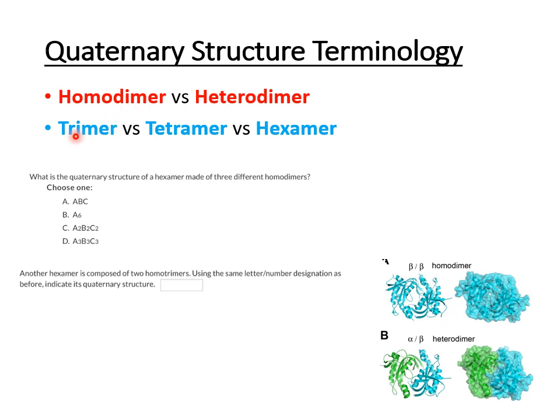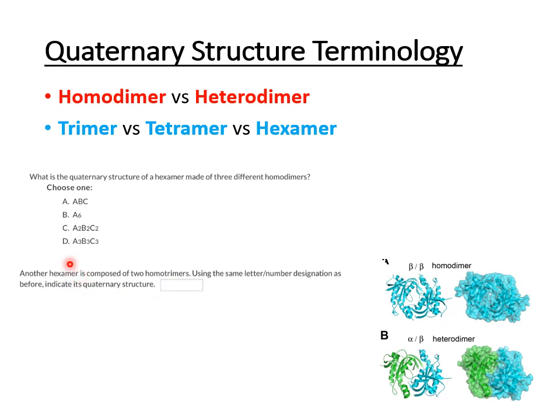A subscript 3 is a homotrimer because you have A, all the same, three subunits that are the same. Now what I want you to do in the Remind app, take a picture of this slide, and send me the answer to this question and this one. This one's telling you a hexamer composed of two homotrimers.